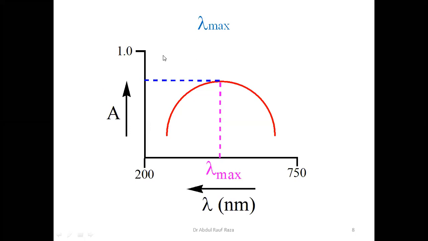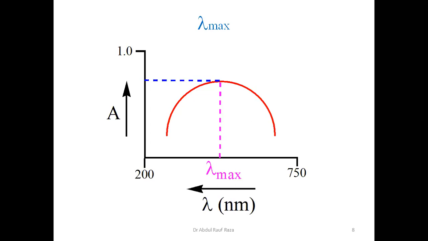And we normally don't have a value of 1, because it would absorb all radiation, which is not normally true. If any spectrum shows absorbance greater than 1, it shows that the solution is too concentrated, and we have to dilute it. Keeping in mind, the Lambert-Beer law is applicable to dilute solutions, which are micromolar.